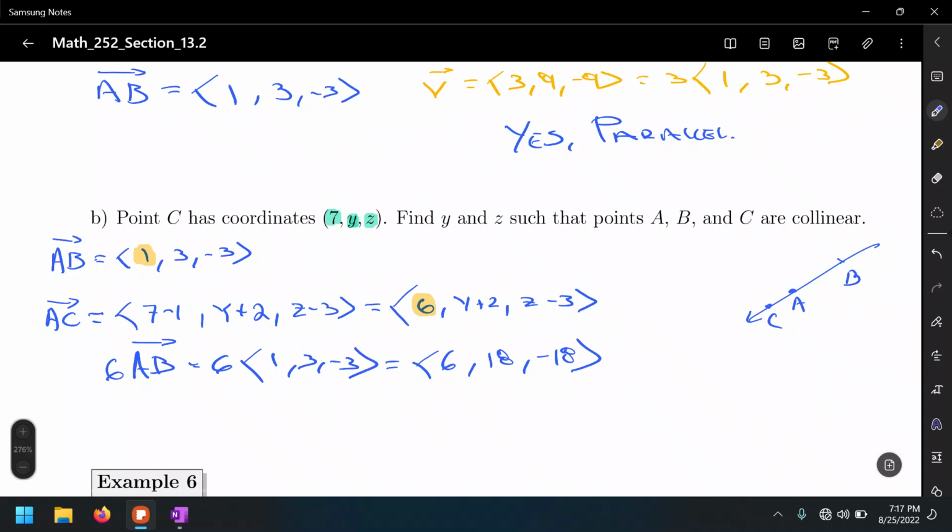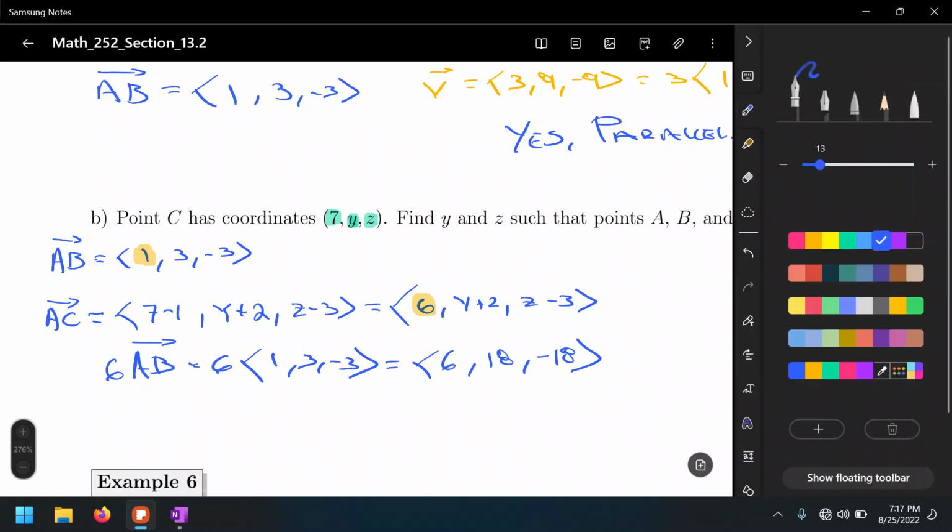All right? And the two vectors are parallel if they have components that are multiples.